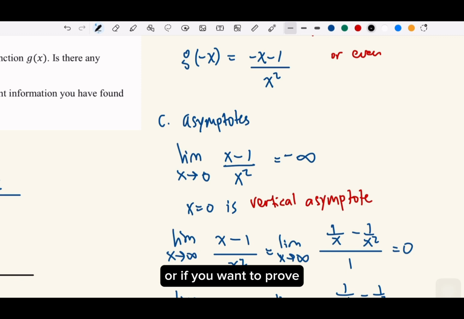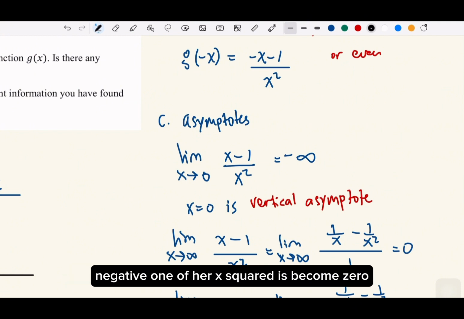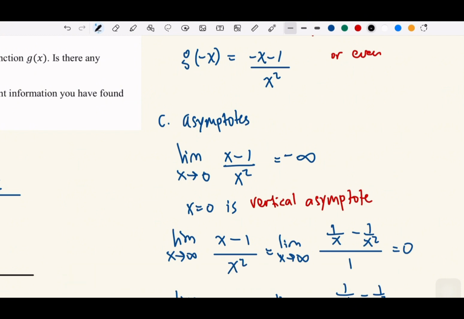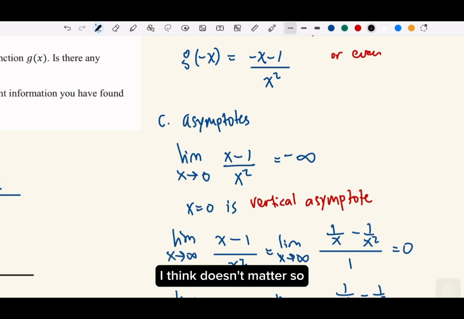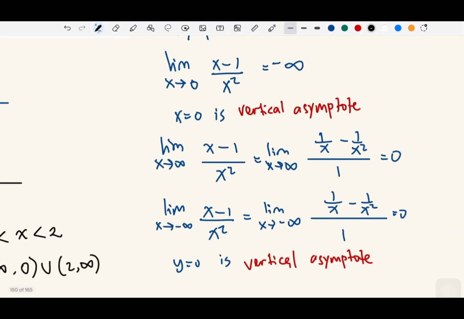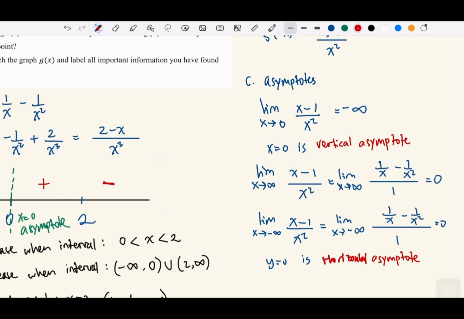Or if you want to prove it, divide by x squared: this becomes 1 over x, negative 1 over x squared, this becomes 0, and this becomes 0. Same thing with negative infinity, it is also 0. So why am I writing vertical? It's horizontal. So y equals 0 is the horizontal asymptote.